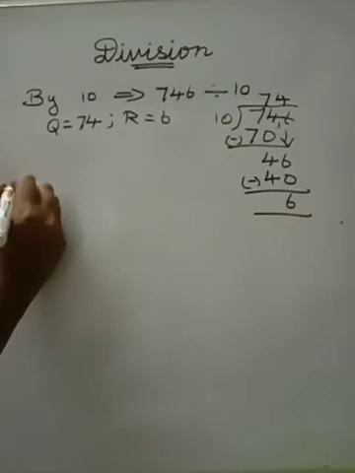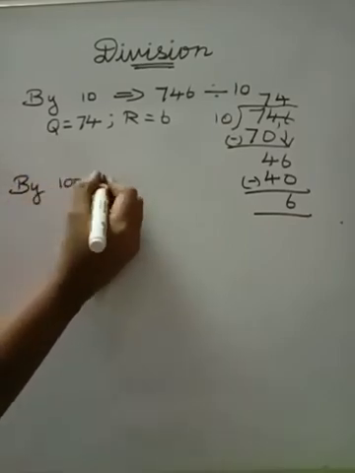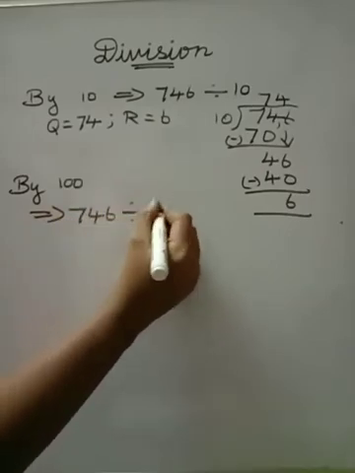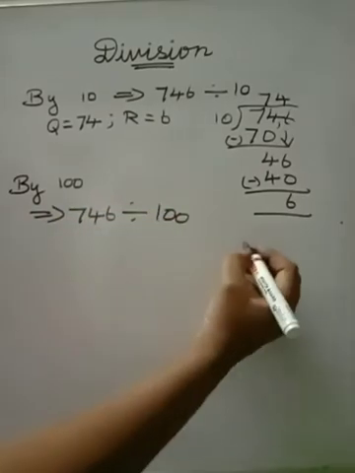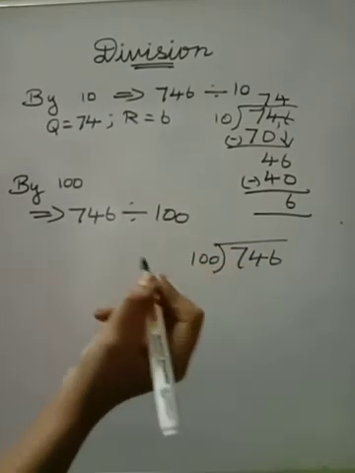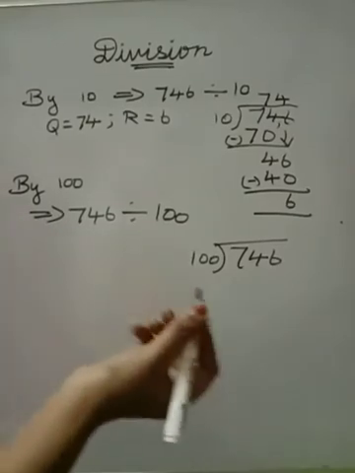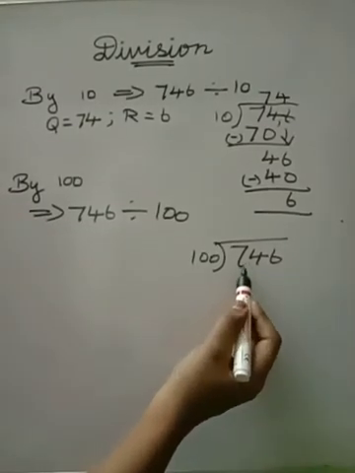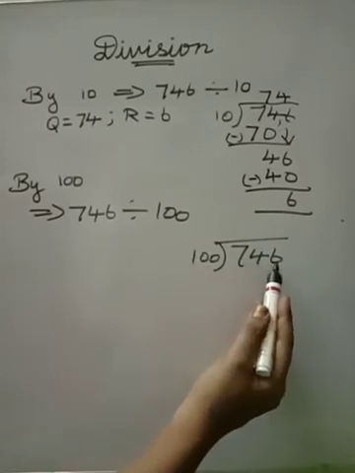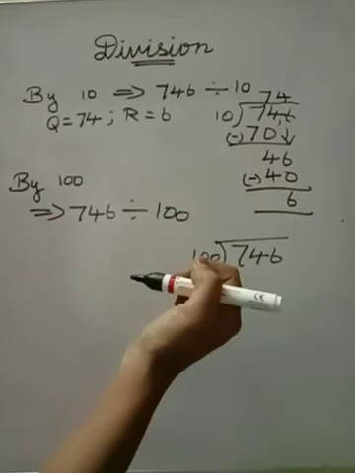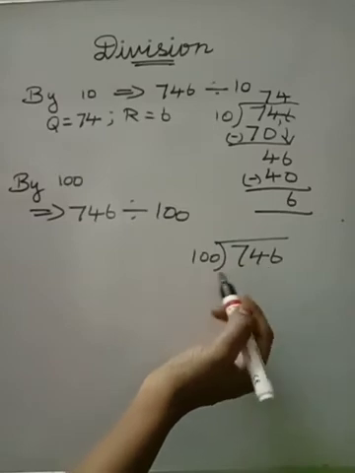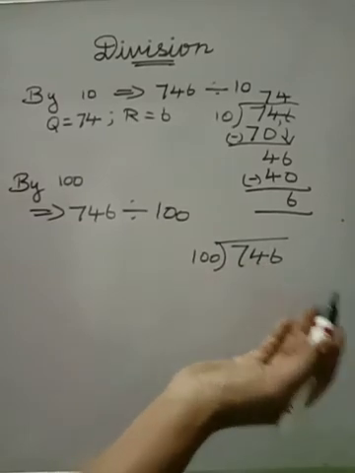Now if you are dividing the same number by 100, 746 divided by 100, work it out in the rough column. The 100 table is also very easy. 7 is smaller, 74 is also smaller than 100, so you have to take the number fully, 746. 100 sevens are 700, 100 eights are 800, which is the biggest number.